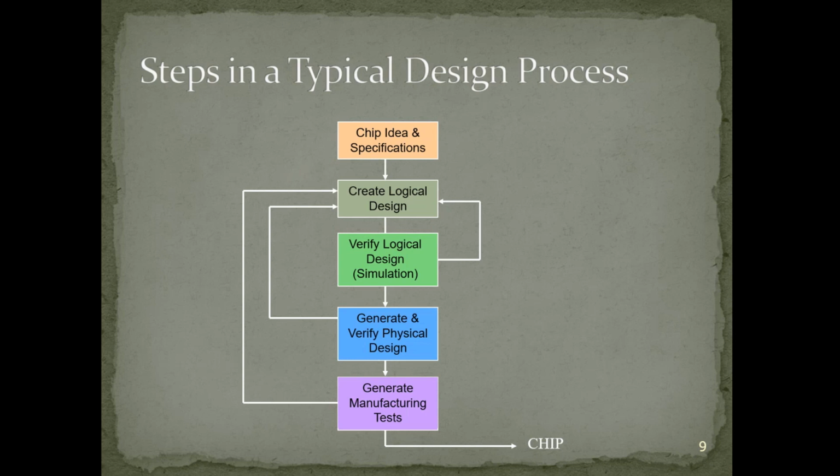Once that is done, we can proceed then to generate the later stages of the process. So essentially doing the typical physical and manufacturing processes if we are dealing with the later stages of the process and targeting a chip.